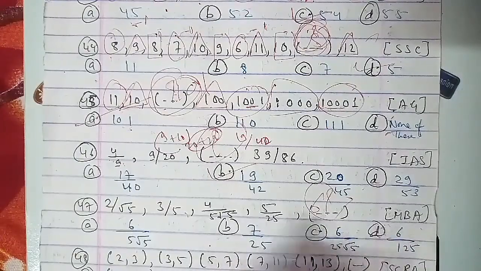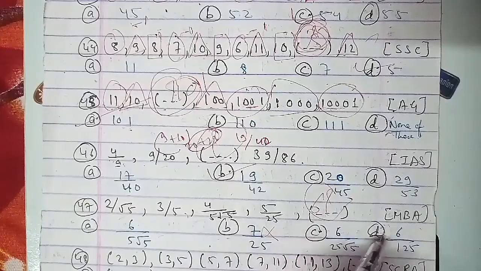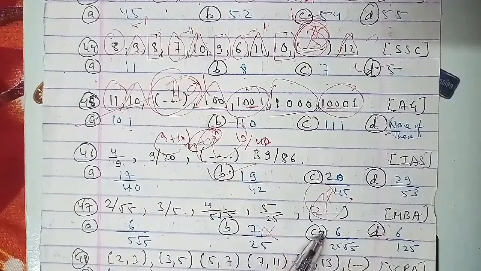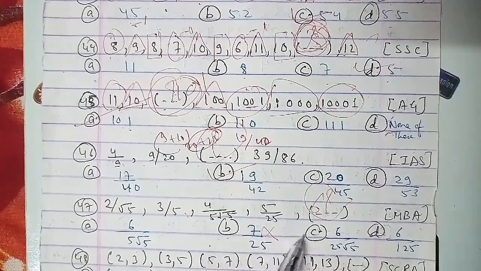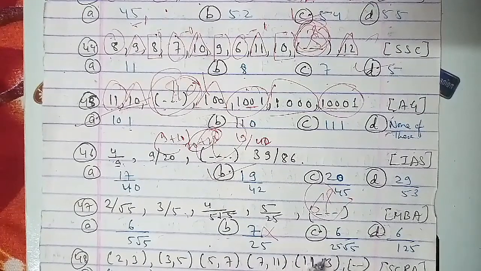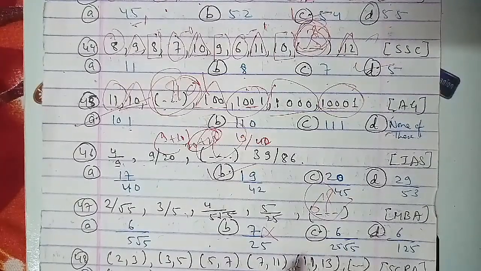We have 3 options in between. This one is not possible, but within these 3 we have to find the answer. If we get it directly, that is well and good, but if we don't get it directly, then we have to find it in another way. In that case, the denominator of each fraction is multiplied by root 5, obtaining the denominator of the next fraction.